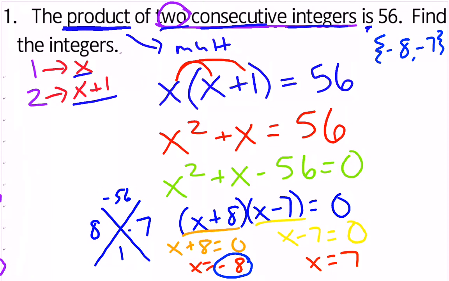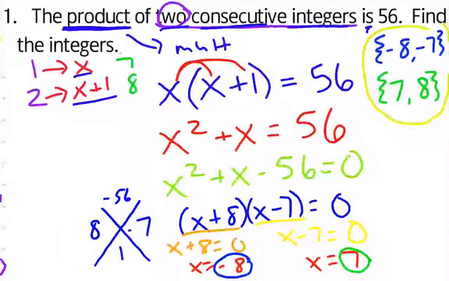What if I start with positive 7? That's x. So x plus 1 would be 8. So my second set of answers would be 7, 8. Both of these have a product of 56. And since there's nothing of them being even or odd or positive or negative, I have to put both of those as my answer.